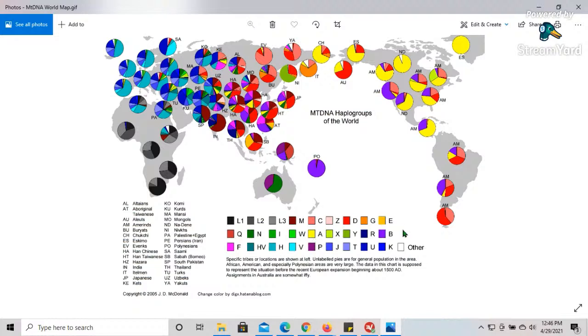But remember, even the A and the B in America, which is the yellow and the purple, are Semitic, but they're not the Jewish signature Semitic mitochondrial DNA. It's the Semitic population or mtDNA that went to Asia, through Asia, and all the way to America, of course. Then the C and the D, the pink and the red.